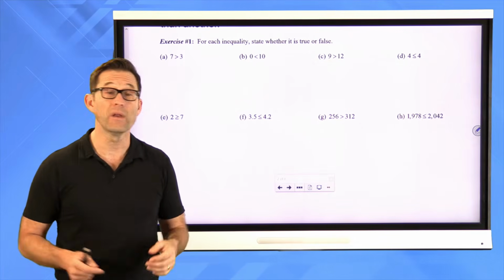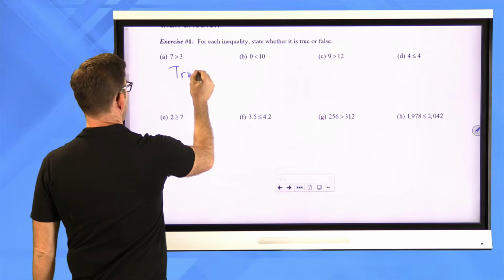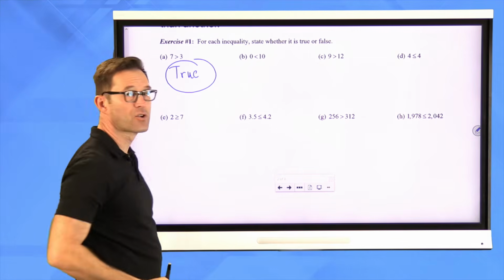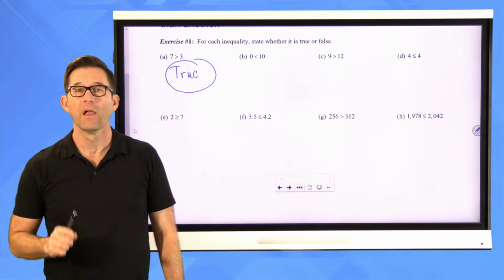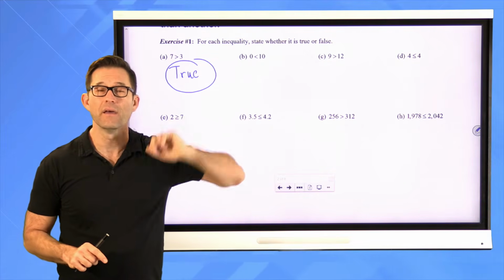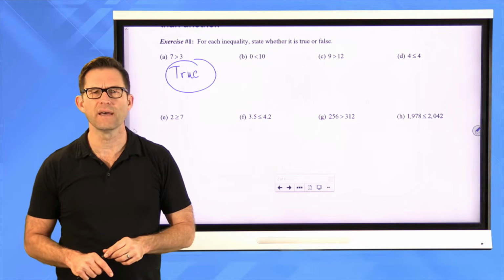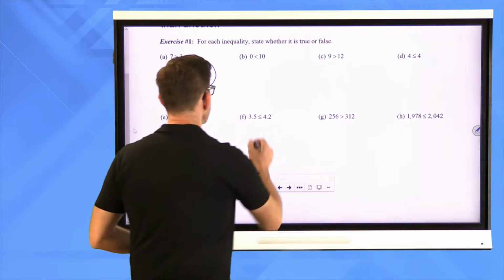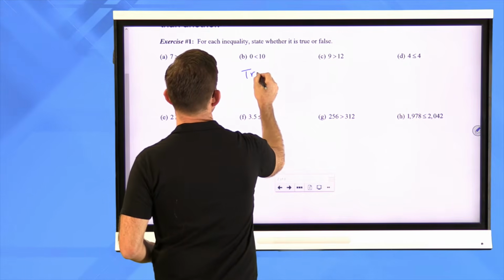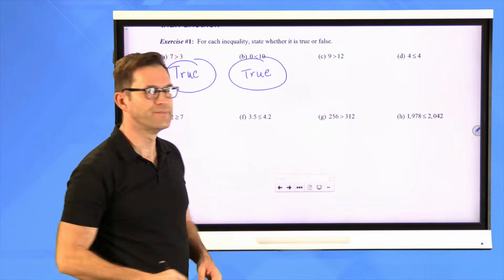And of course, we know that that is true. 7 is in fact greater than 3. Likewise, letter B, which says 0 is less than 10, that is also easy enough to say. 0 is less than 10? Sure, yeah, that's true. If I have $0, I certainly have less than my friend who has $10. So that's also true.